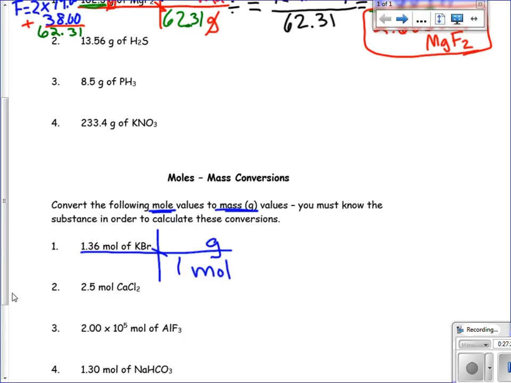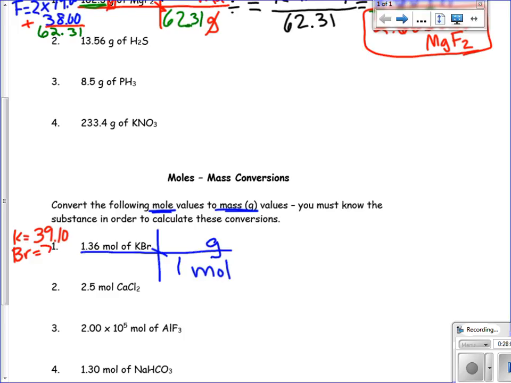Everything equals 1 mole on our mole map. So now we just add it up. K gives us what number? How much is K? Potassium equals 39.10 if we round to our hundredths like we're supposed to. Br is a little heavier. How much is Br worth? 79.9.